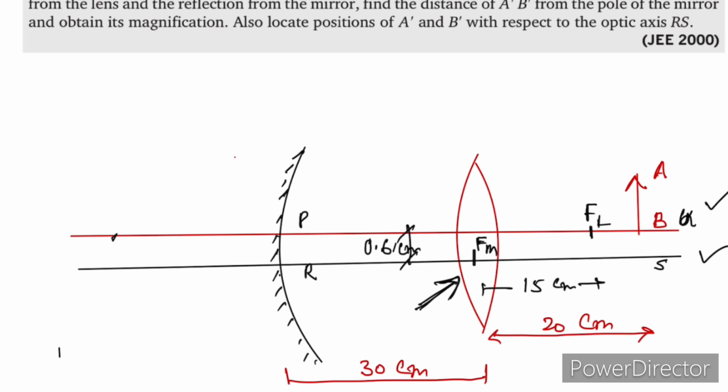So let us see how the image is going to form. First of all, what will happen from this object? The rays will come, they will be refracted by the lens, and they will make an image, and that image will act as an object to the mirror, and then you will get a final image.